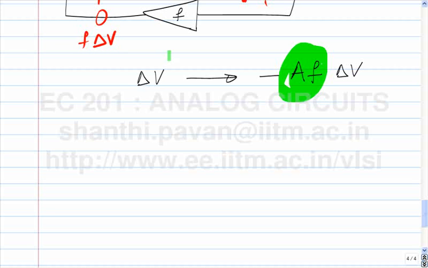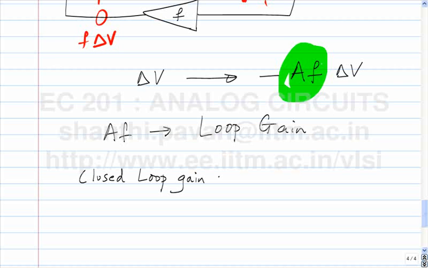So it seems quite apt to call this AF, loosely, the loop gain, which is the gain you get by going around the loop. The closed loop gain can be expressed as 1 over F, where F is the gain of the feedback path, times this quantity, loop gain divided by loop gain plus 1.